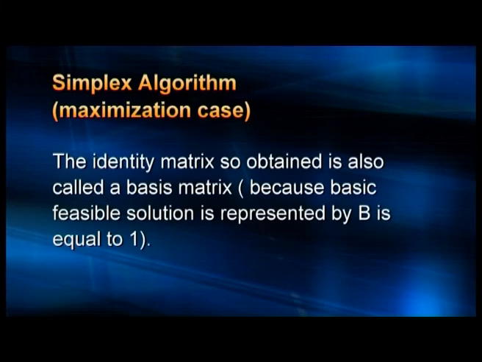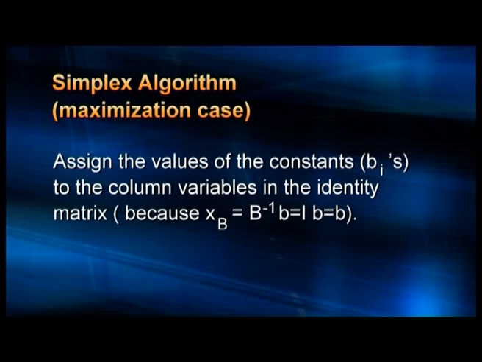The identity matrix so obtained is also called a basis matrix because the basic feasible solution is represented by B equal to I. Assign the values of the constraints bi's to the column variables in the identity matrix because xB equal to B to the power minus 1 into b equal to I into b equal to b.